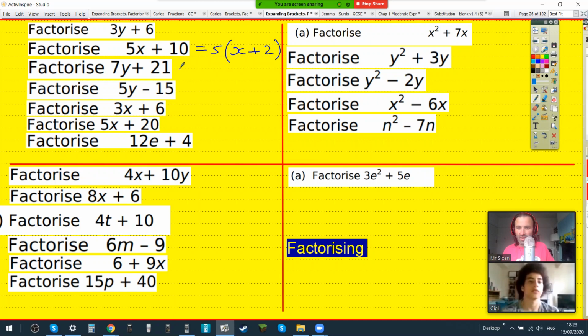Yeah. So about this one. Within the 7 times table, so it'll be 7 times y plus 3. Okay. How about this one? Both in the 5 times table again, so it would be 5.